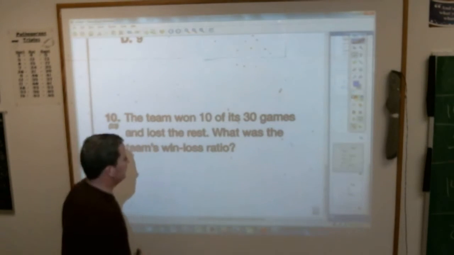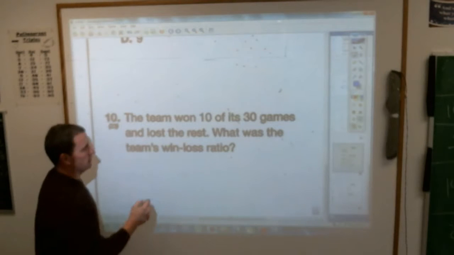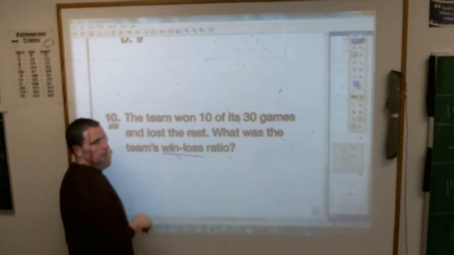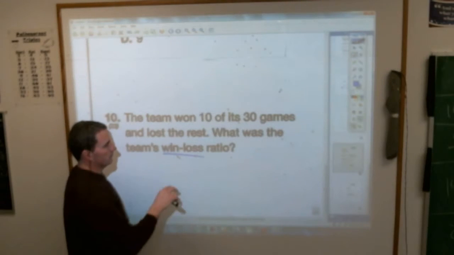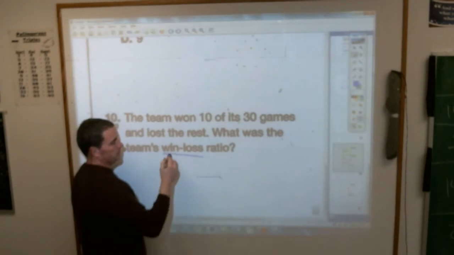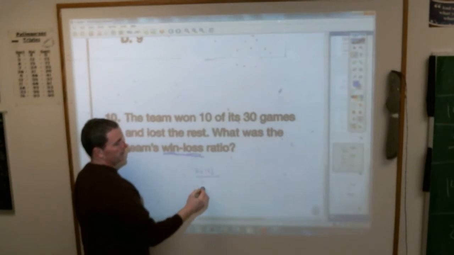Number 10 says the team won 10 of its 30 games and lost the rest. What was the team's win to loss ratio? Wins to loss. When they give you a ratio, they give it to you in order. It's a fraction. The first one given goes on top. How many games did they win over how many games did they lose?